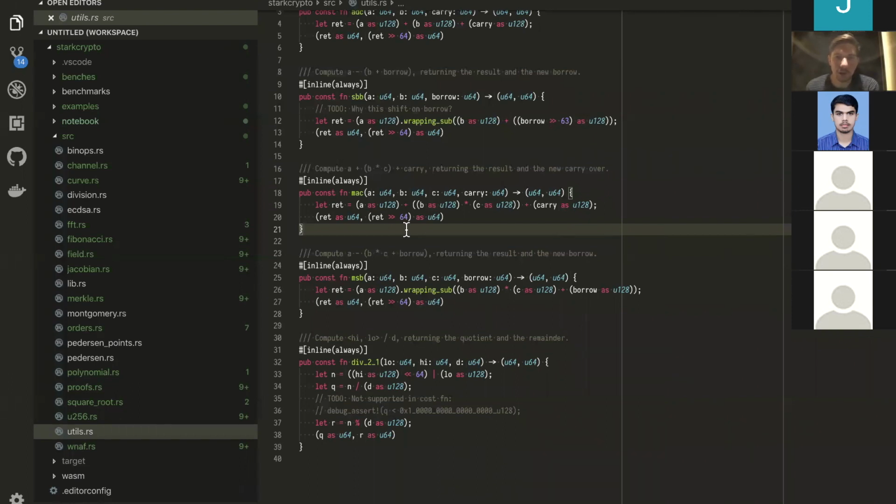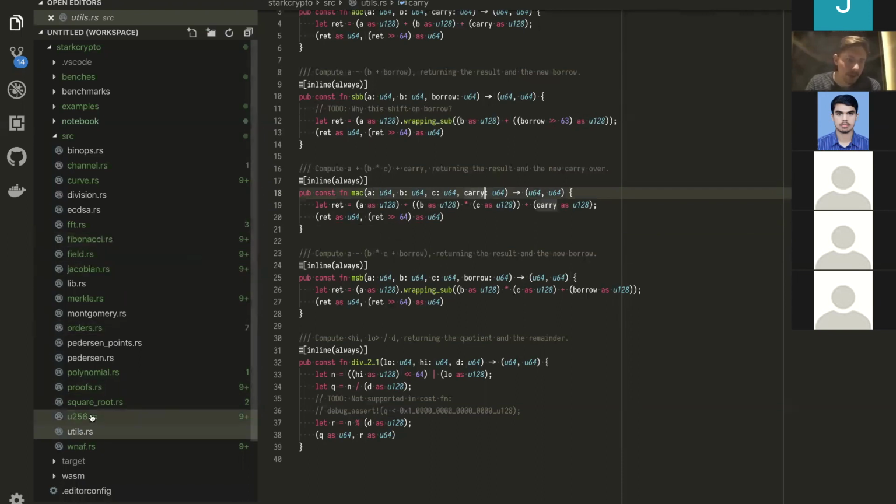And Rust passes it along to LLVM. LLVM is super fancy and recognizes what is going on here. And it recognizes that we're just trying to do a 64 by 64 to 128-bit multiplication. And it just replaces this with a single mulq instruction. So that's what's going on there.